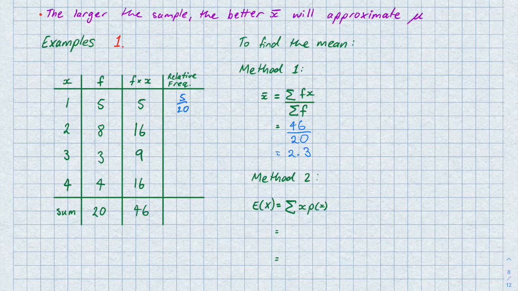The 2 occurred 8 times out of 20. The 3 occurred 3 times out of 20. And the 4 occurred 4 times out of 20. If you add all those up, they definitely add to 1. So those are the relative frequencies of the experiment, or the experimental probability of each one happening.